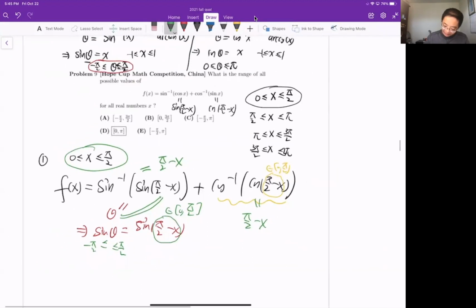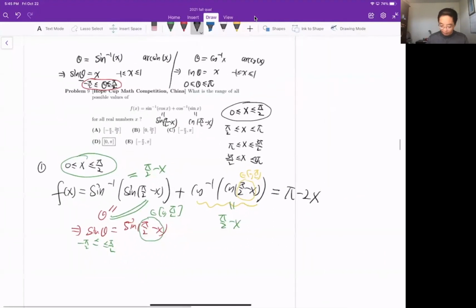If we combine them together, we get π minus 2x. And with x ranging from 0 to π/2, the range of this will be between 0 and π.